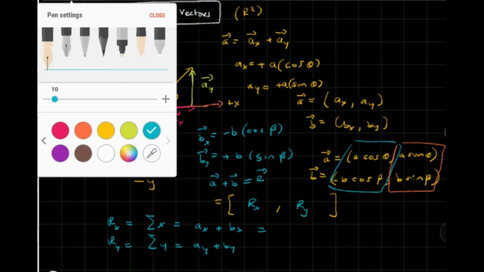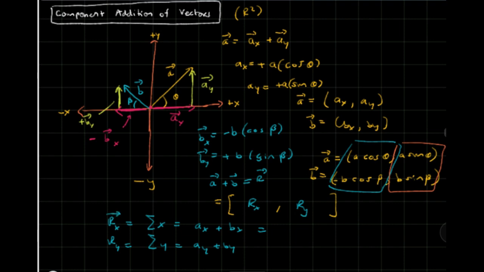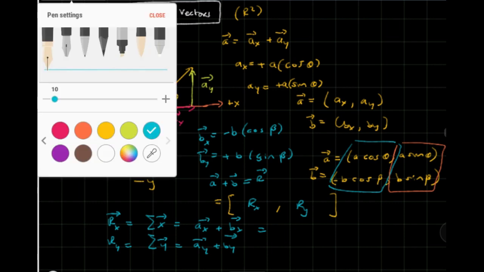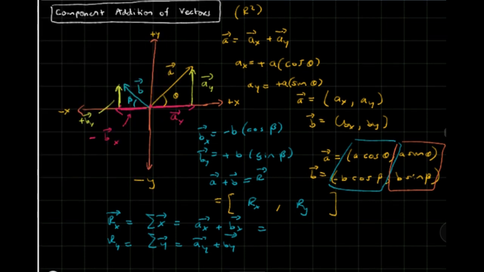So that's why technically this should be a vector, because directionality is important. In this case, if you're adding the x component vectors together, you get a cosine theta minus b cosine beta. If you have these values, you can actually figure that out.